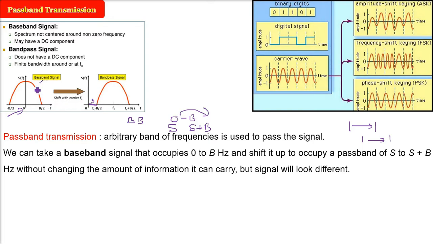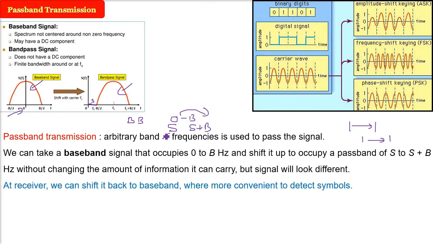You have just shifted this baseband signal, but the signal might look different. What will happen at the receiver end? We can shift it back from S plus B to 0 to B, back to the baseband, and in this baseband it is more convenient to detect the signals.